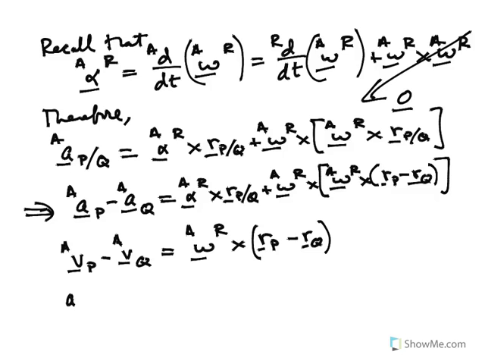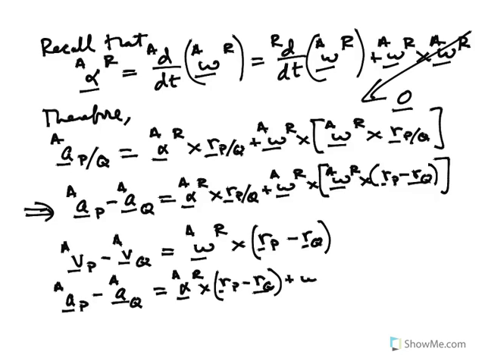And the acceleration of p in A minus the acceleration of q in A is equal to alpha Ra crossed with the position of p minus the position of q plus omega Ra crossed with omega Ra crossed with the position of p minus the position of q.